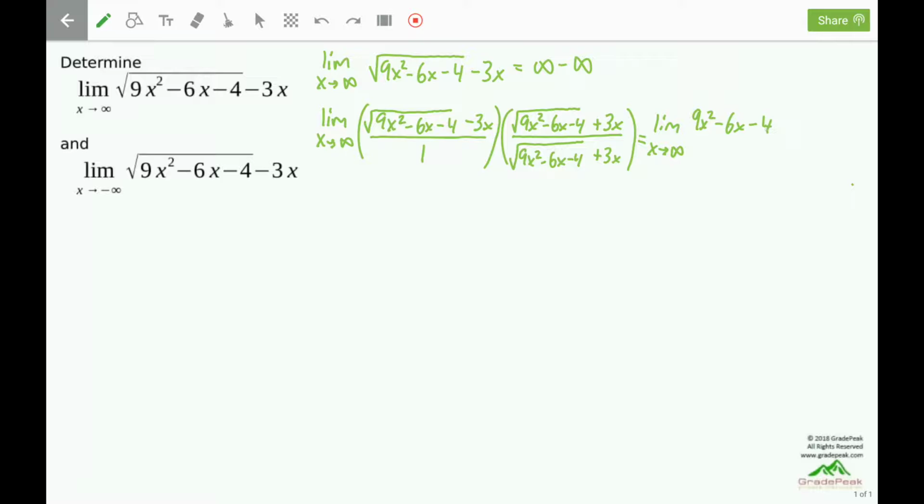Those will cancel each other out. And the last term will be negative 3x times a positive 3x, which will be a negative 9x squared. All of this will be over the denominator, which is 1 times the root conjugate, which will result in just the root conjugate. 9x squared minus 6x minus 4 plus 3x.